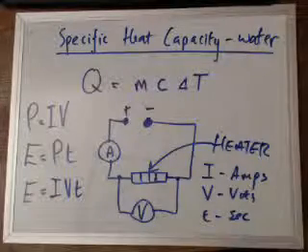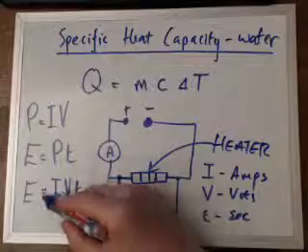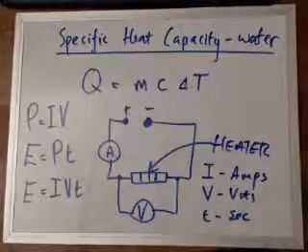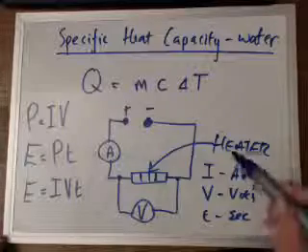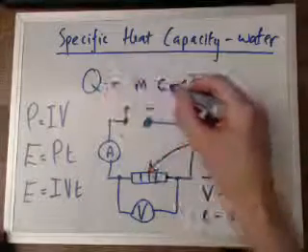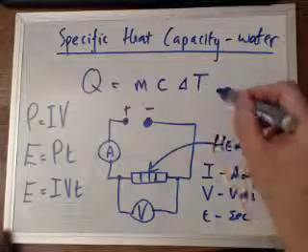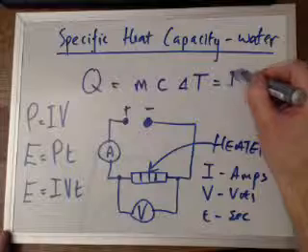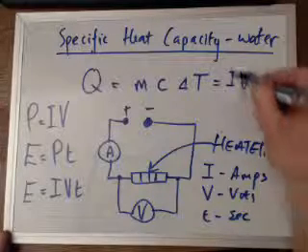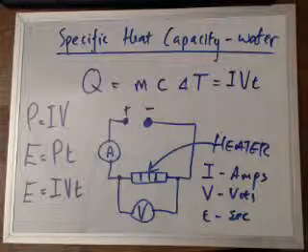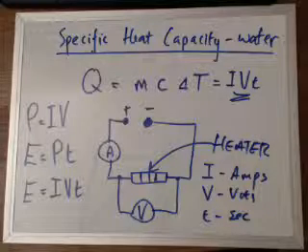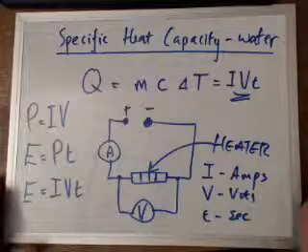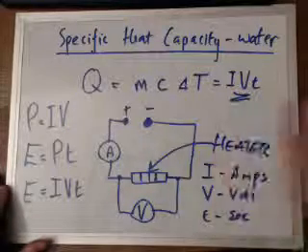And of course, what's going to happen is that E is going to be equivalent to Q. So we'll find that, therefore, Q equals mc delta T will eventually be equal to I, current, times voltage times time when we start applying the energy into the water. Okay, now we'll go and look at this equation and why that happens.